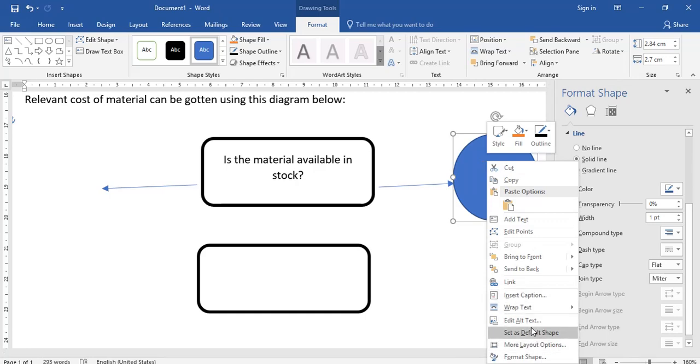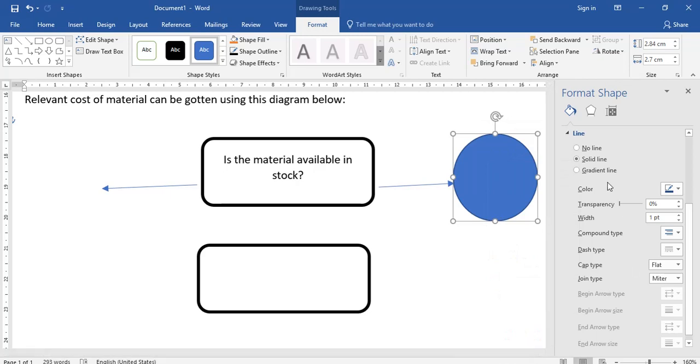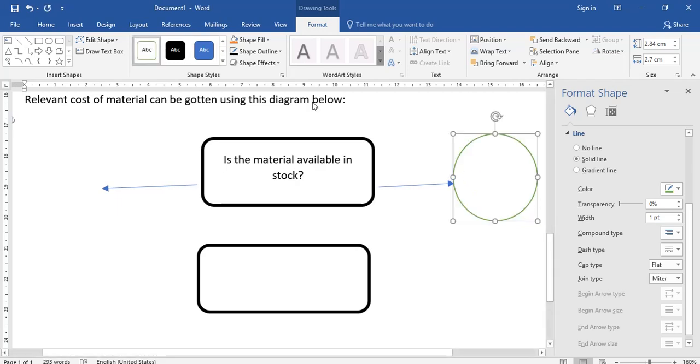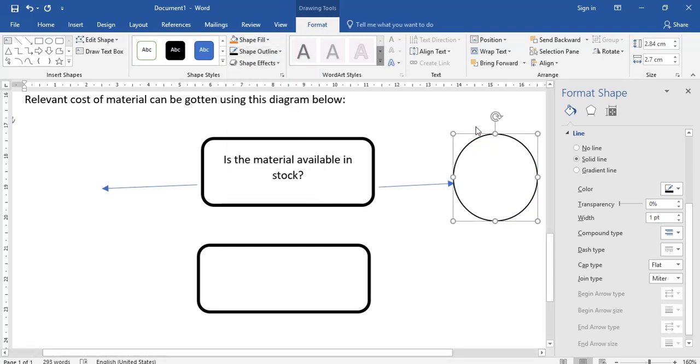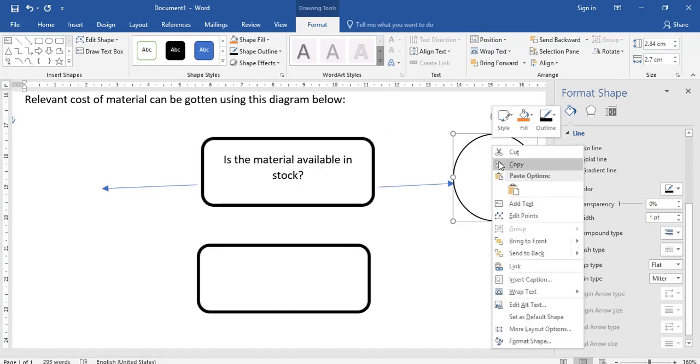I have to format this shape. So let me add text here.